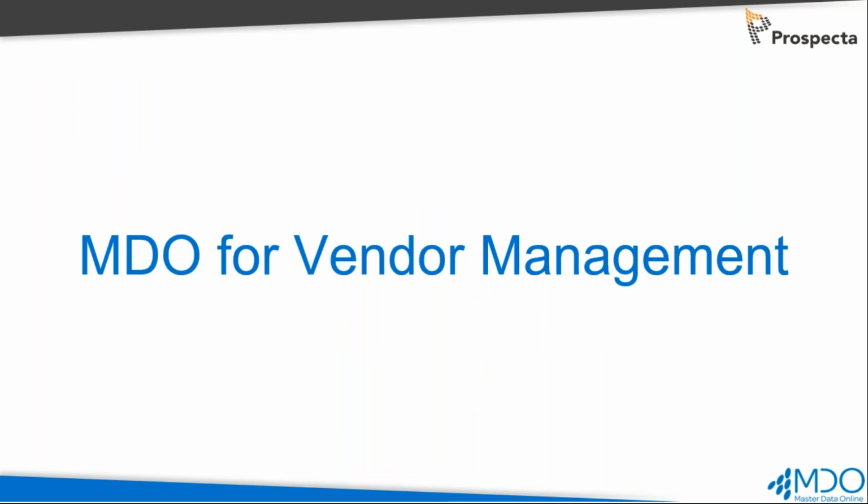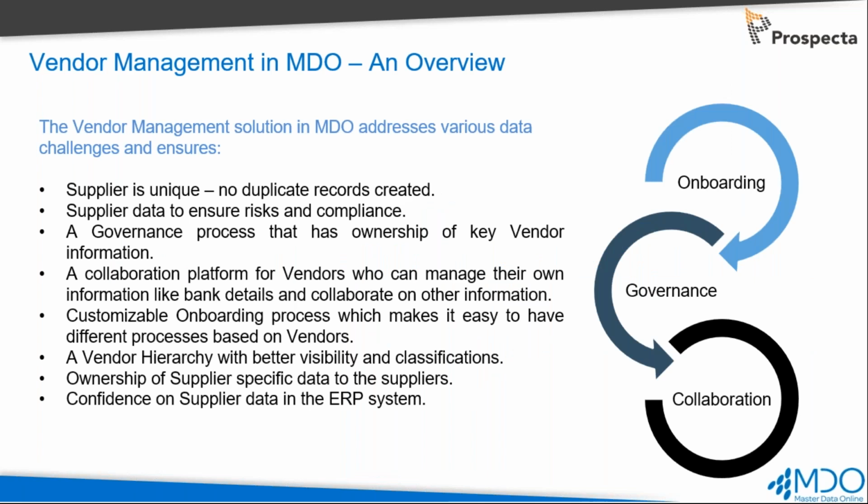Now, from a vendor management perspective, what MDO does is, first of all, it makes sure that the new supplier or new vendor that is getting created is unique, does not match up exactly with any of the previous records, or if it does, then gives a prompt of what are the matching or potential duplicates in the system. It ensures that the entire data compliance and risk management is effectively managed, giving access to the vendors for their key information.